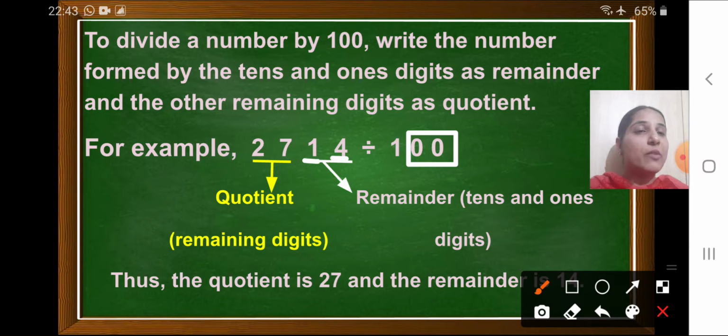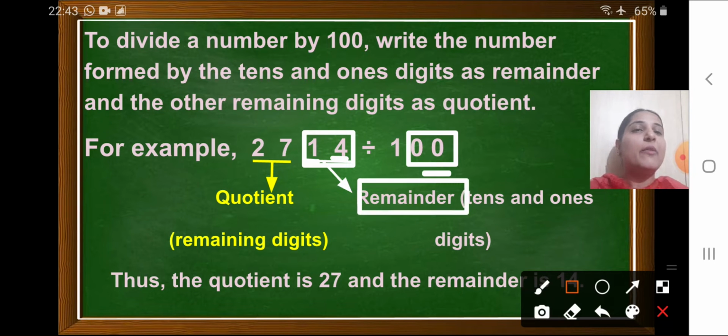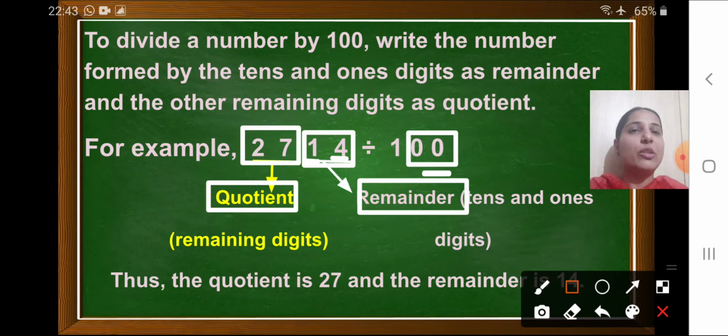What will be the number formed by the tens and ones digits of the dividend? That will be 14. Or you just see here the number of zeros, 2 zeros. So this number which is at the tens and ones place of the dividend will be the remainder, whereas the remaining digits, 2 and 7, it means 27, that is our quotient.